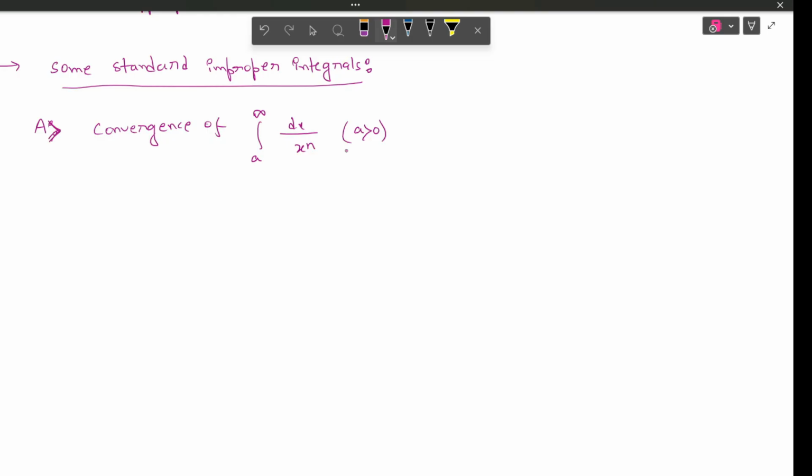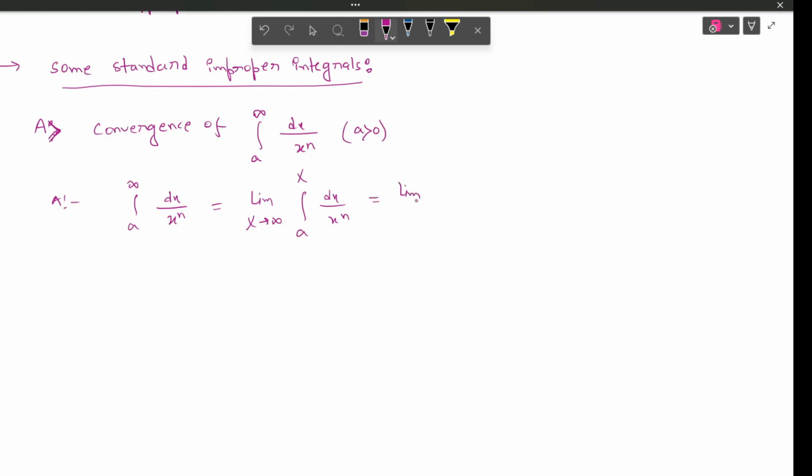Okay, let's solve this. This is integration A to infinity dx by x to the power n, right? So in the upper limit we have an infinite point of discontinuity, so we can take the limit as X tends to infinity of integration A to capital X dx by x to the power n.